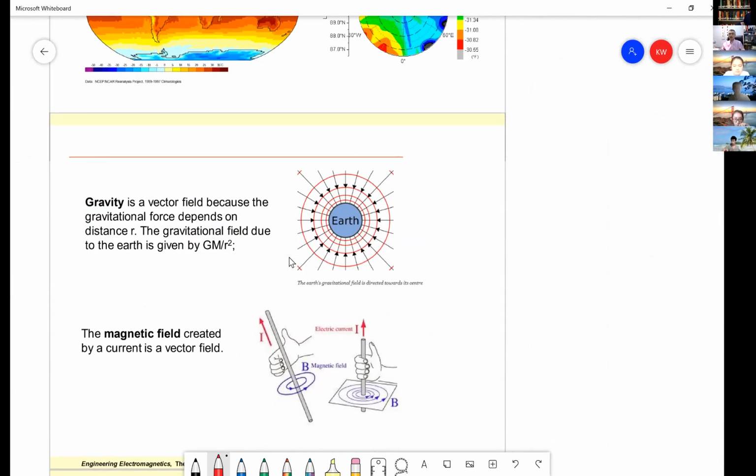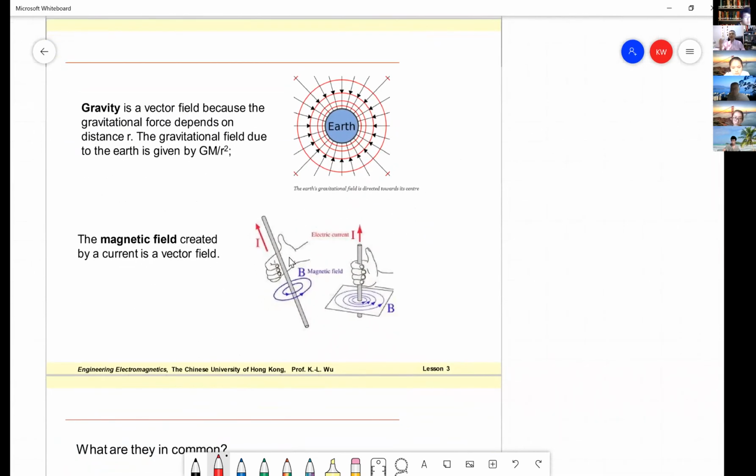Similarly, gravity is a field. That is a vector field, so we have a direction. And the static magnetic field is also a vector field, and we can also draw a field line.